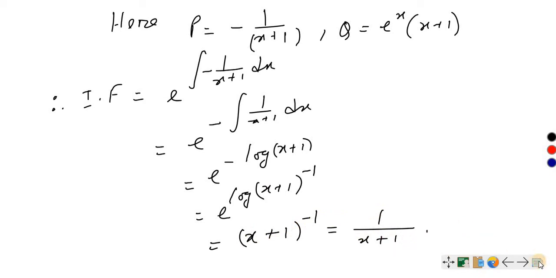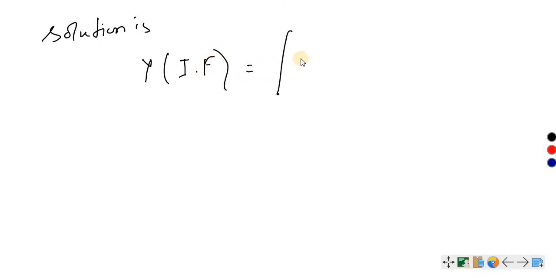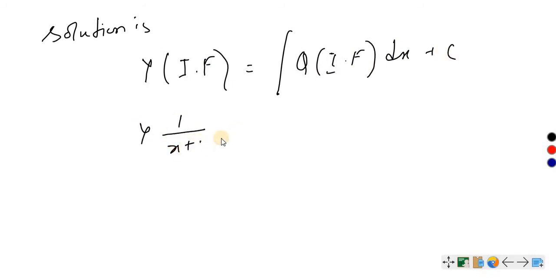Therefore, our solution will be y into integrating factor is equal to integration q into integrating factor dx plus c. So you just put the integrating factor here. The integrating factor is 1 by x plus 1.